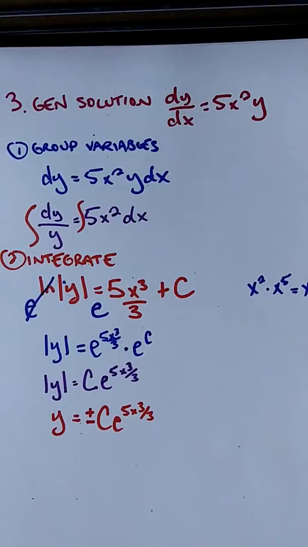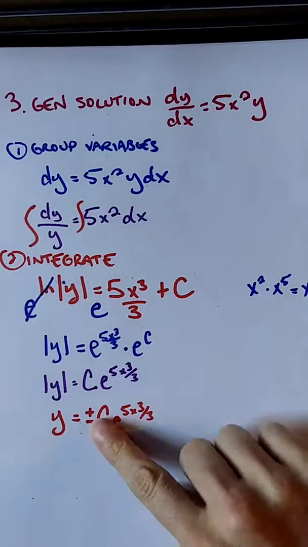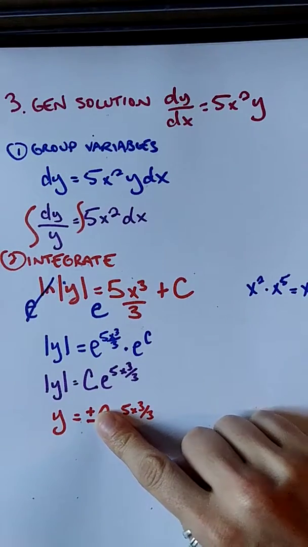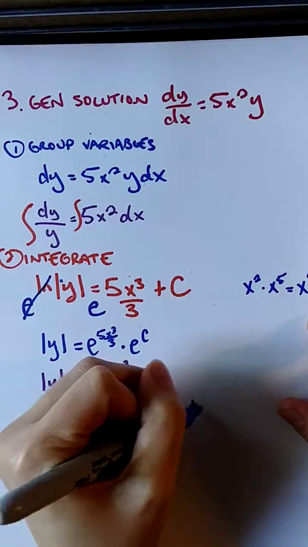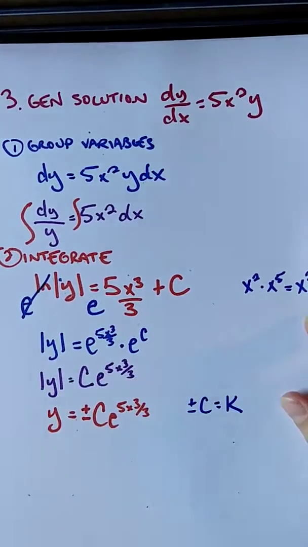Now, this is the only thing that I can do to c that does not fit into my definition of what c is. So I can do plus and minus c, that's possible, but I can't just call that c anymore. I can multiply c by something, divide c by something, whatever I want to do, and still call it c, except call it two different things at the same time, positive and negative c. So instead, we take the positive and negative c, and we give it a new name, just so it's easier to write.